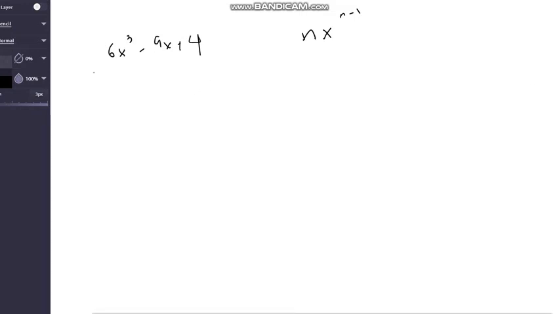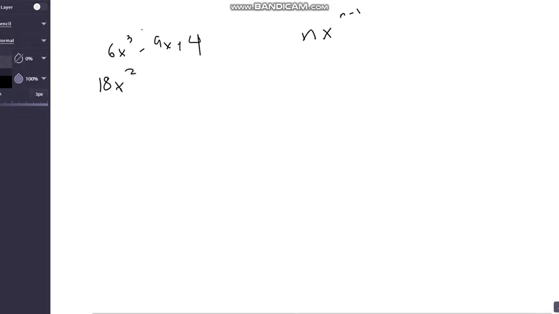So it would be 3 times 6 to x to the power of 3 minus 1. And that would be the derivative of this little part right here. And if we simplify that, that would be 18x to the 2.